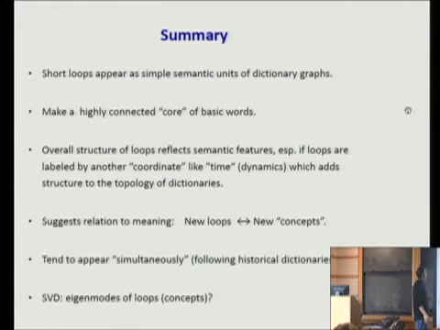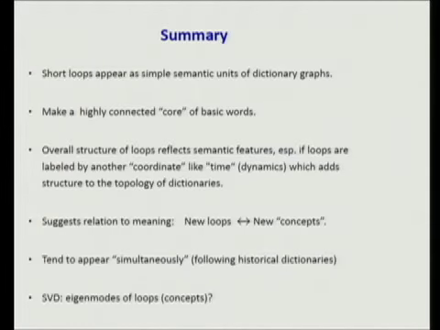Well, and here is the summary. We suggest that short loops have some relation to conceptual components of language, of dictionary. Dictionaries have a very typical structure of a strong core made of strongly connected components and hairs going out of this core, not so long hairs, but let's say 7 words.